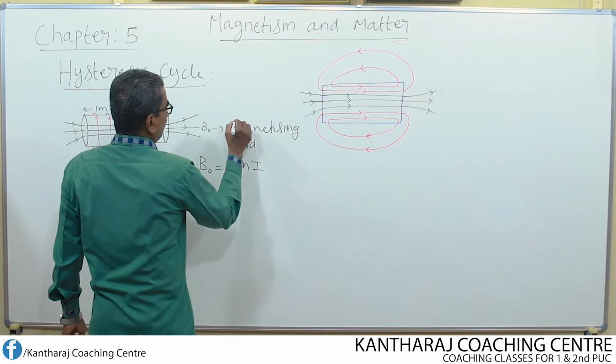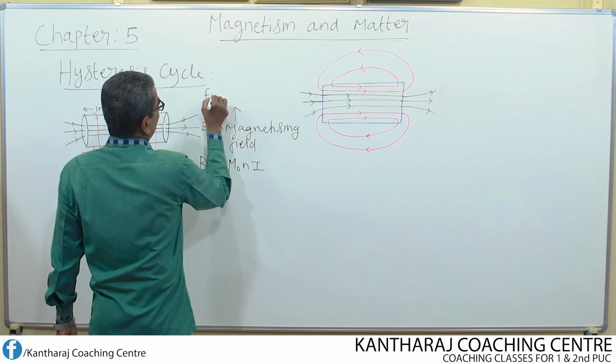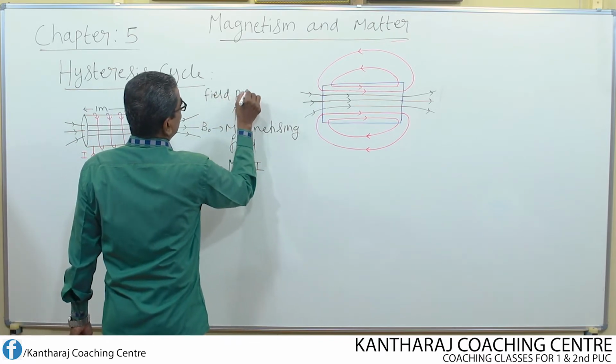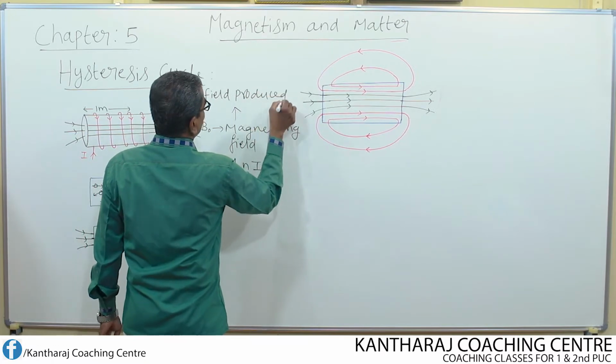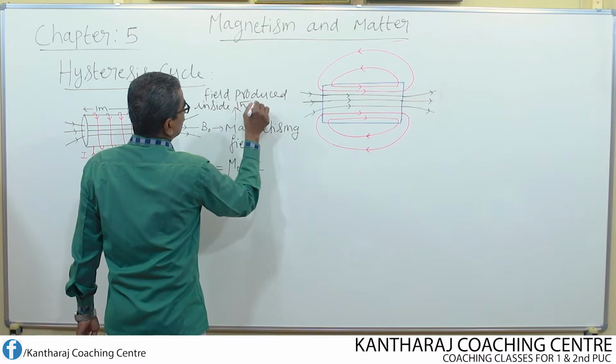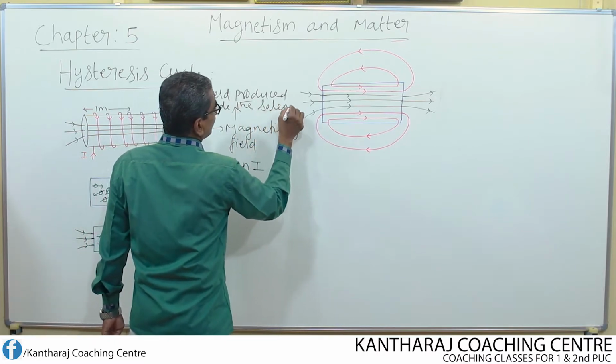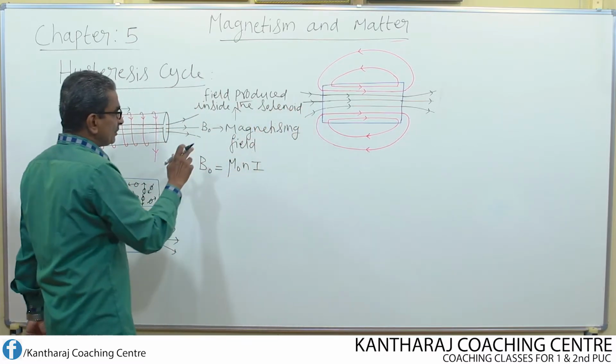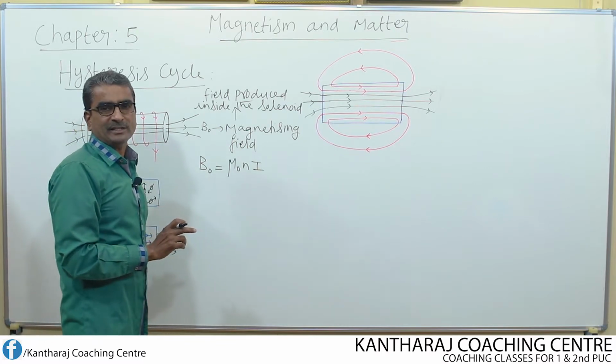So let us write: magnetizing field means field produced inside the solenoid. Inside the solenoid, it is produced only when we pass the current through the solenoid.